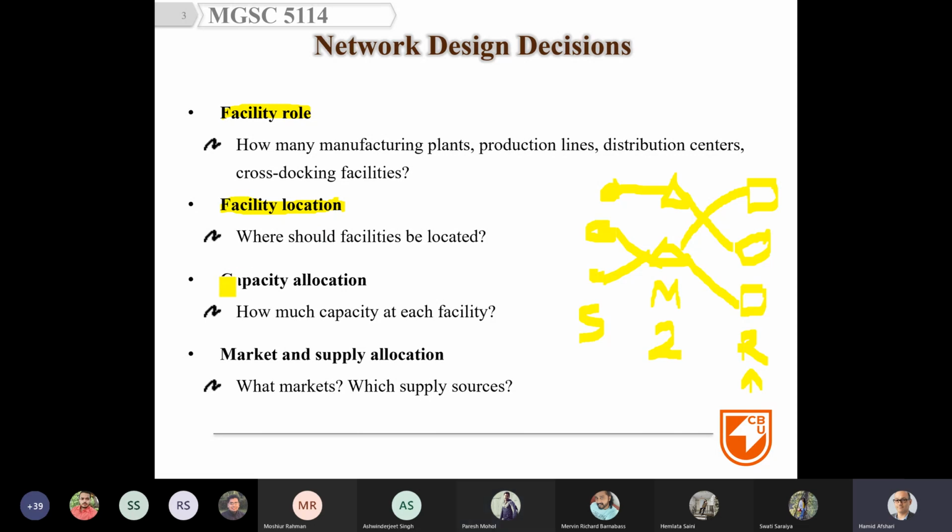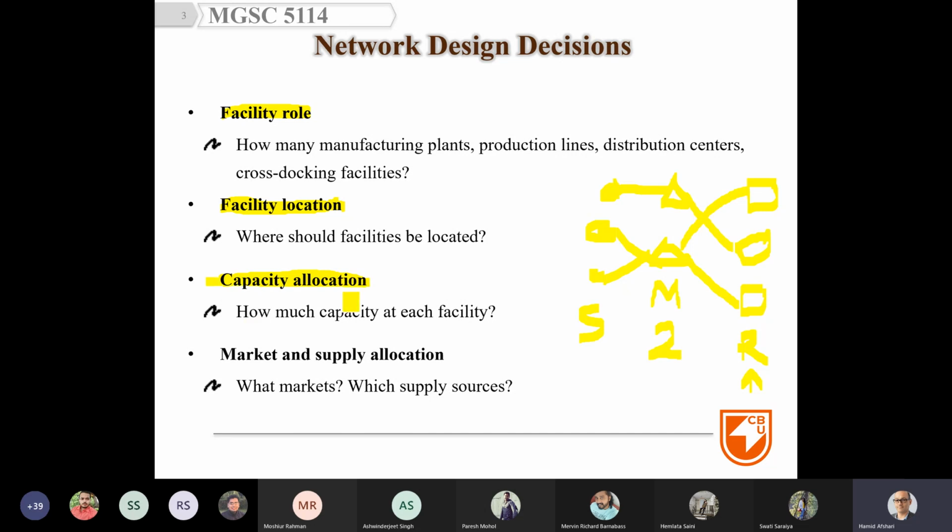So the third decision that we need to make is capacity allocation. Let's say you want to make a warehouse in Sydney and a warehouse in Halifax. What should be the right size or right capacity for each of them? That's the decision we will make as the third step, capacity allocation.